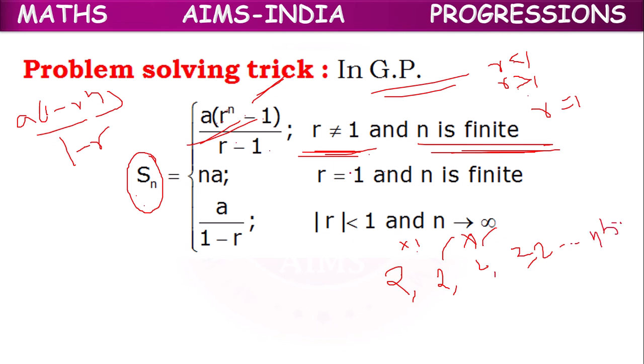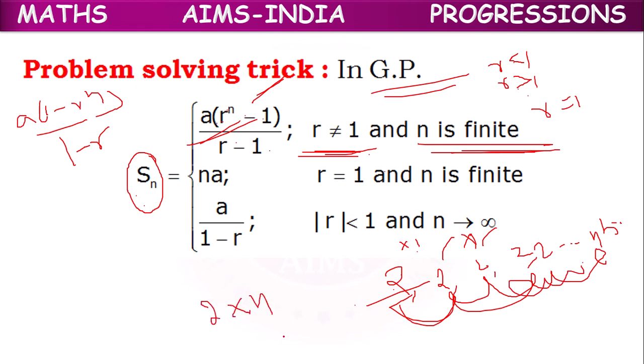If r is 1, then all terms will be the same. As the first term is 2, repeating n times, the value is 2 into n, or n into the first term a. So if r equals 1 and n is finite, there is no need of a formula; we can directly find the sum with the simple product na.